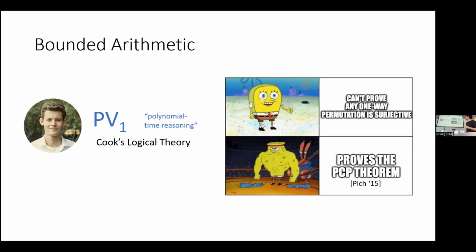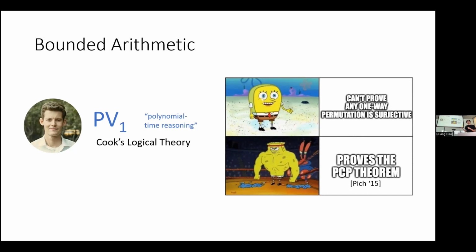This theory is kind of mysterious because it cannot prove that a one-way permutation is surjective. This is by witnessing results, which say that if you can prove surjectiveness, you must be able to invert it. On the other hand, it is strong enough to prove the PCP theorem.